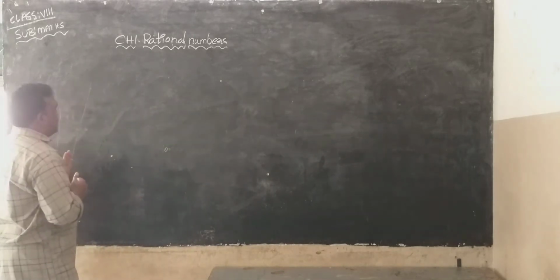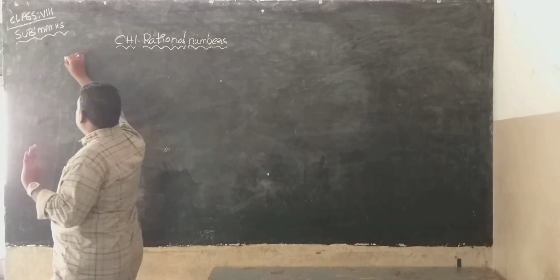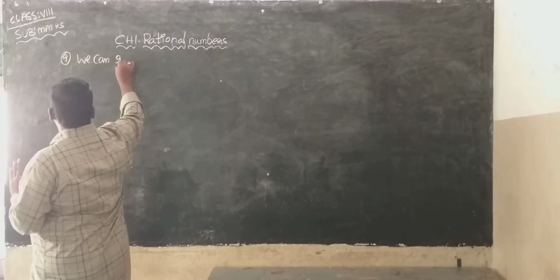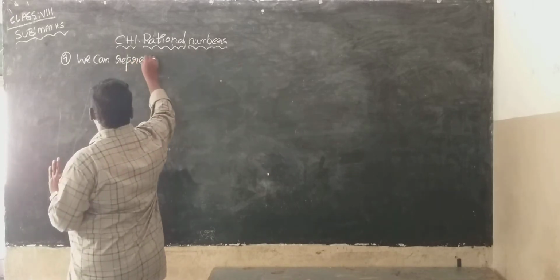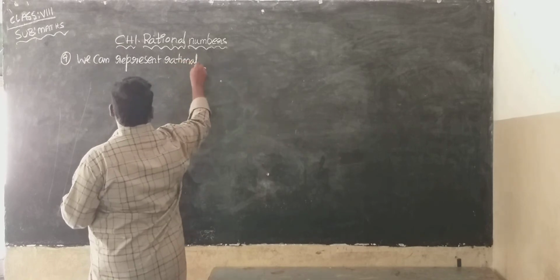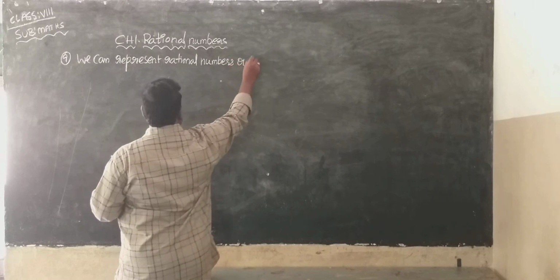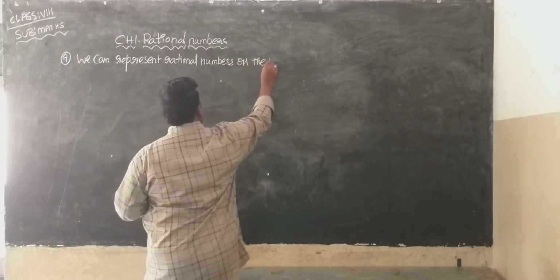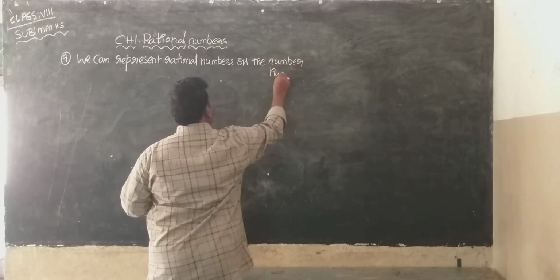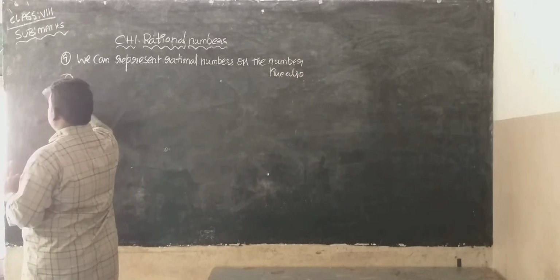We can represent rational numbers on the number line also. 8 points are completed. The 9th one: we can represent rational numbers on the number line also.